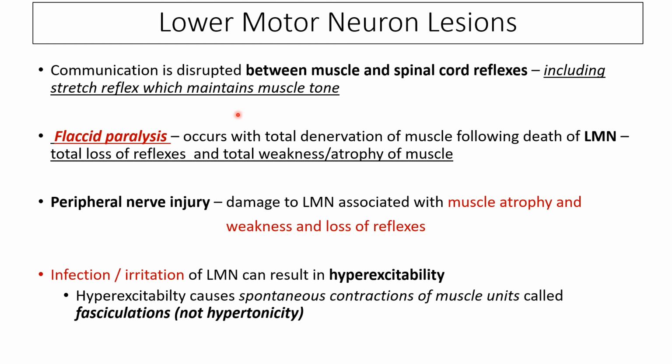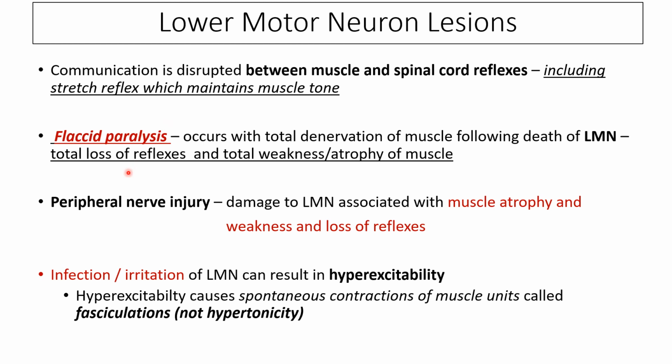In the most extreme example, if you have total denervation of the muscle, so if the nerve has been cut, for example, to the muscle, then you would have a flaccid paralysis. You would be unable to move the muscle, and the tone would be very flaccid, the muscle tone.